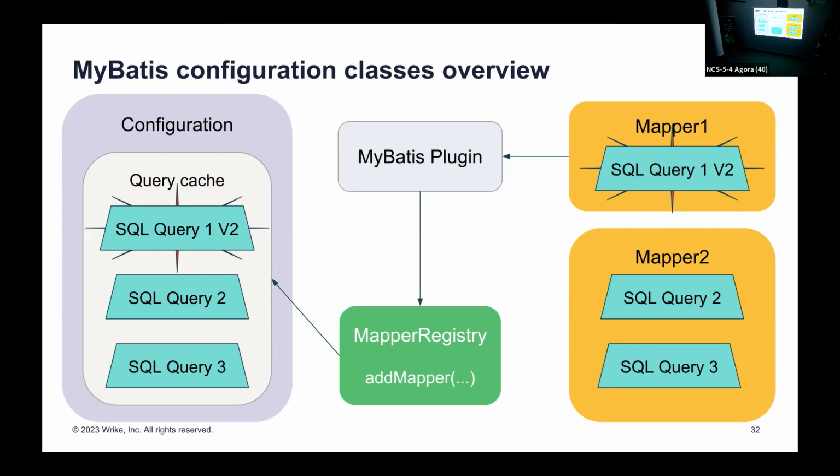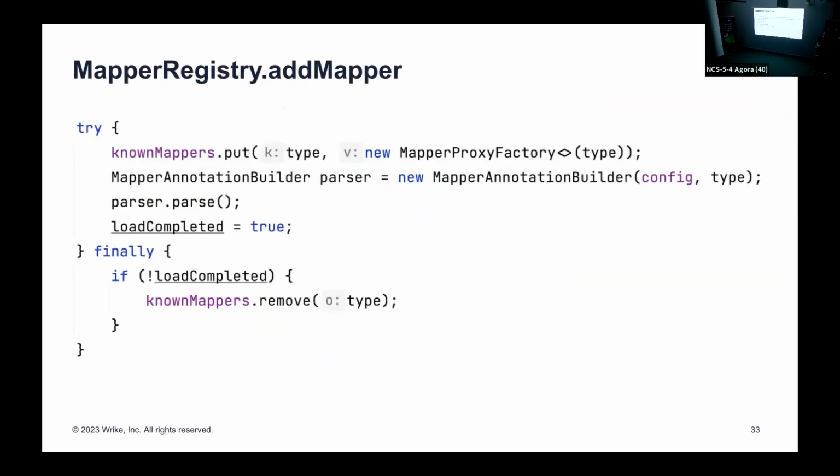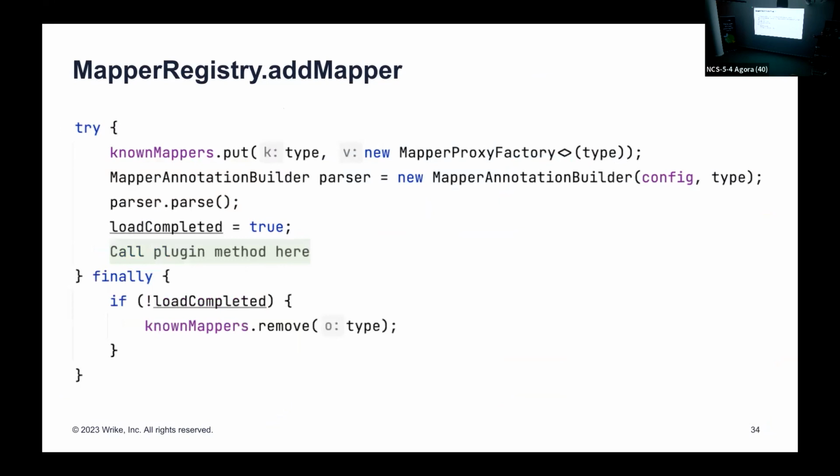And now let's take a look at the code and how we will update the add mapper method. And this is the most interesting part of this method. Here you can see that there is a try block where the mapper is actually parsed and the caches are filled. And what we want to do is insert our code right after successful mapper parsing.